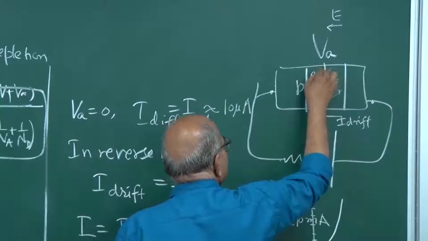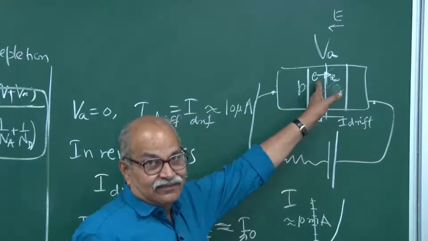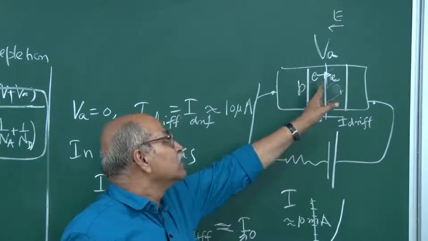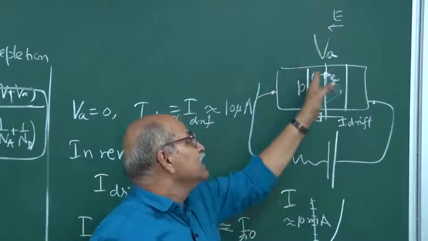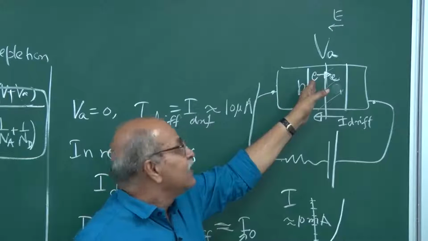So, if this electron is going in this electric field, it is gaining energy. The electron is accelerating, it is gaining kinetic energy.